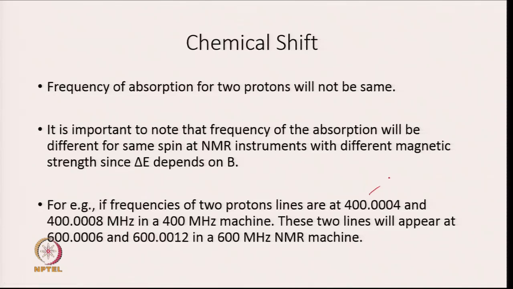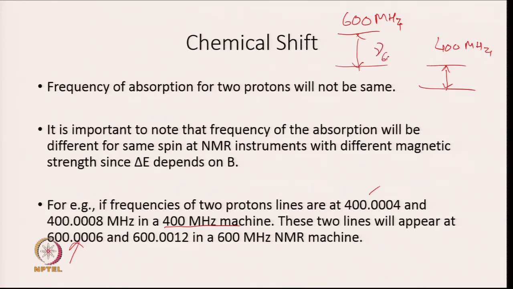So, the spin which resonates at 400.0004 in a 400 megahertz machine will now resonate at 600.0006 megahertz in a 600 megahertz NMR machine. It is simple because in the 400 megahertz machine this gap will be smaller, and in the 600 megahertz NMR machine this gap is now bigger, and so nu in 600 will be greater than nu at the 400 megahertz NMR machine.